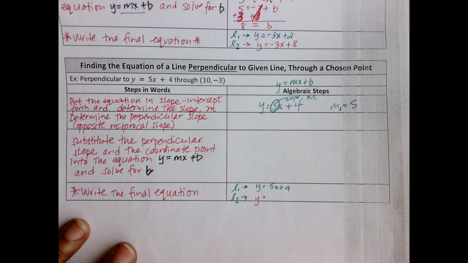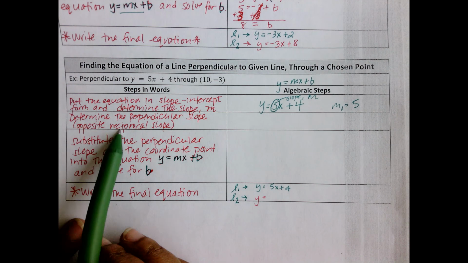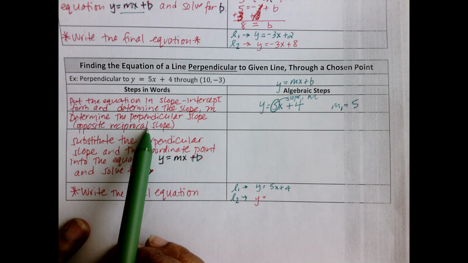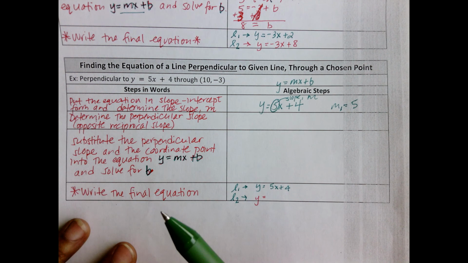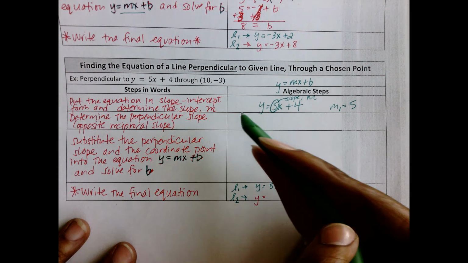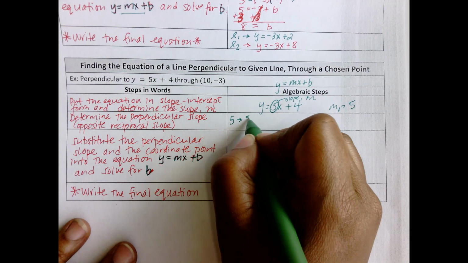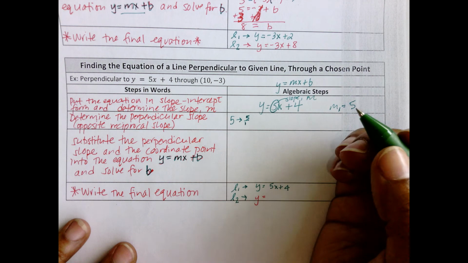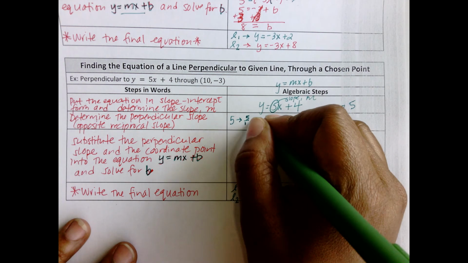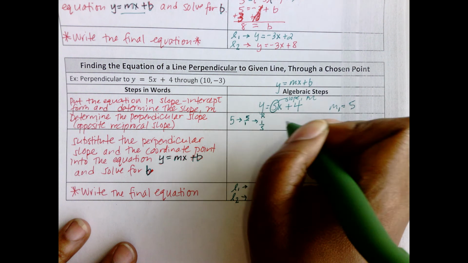Second step is determine the perpendicular slope, or the opposite reciprocal slope, because when we're dealing with perpendicular lines, their slopes are inverse reciprocals of each other. So if I have the number 5, 5 is the same as 5 over 1. So the reciprocal is 1 over 5.